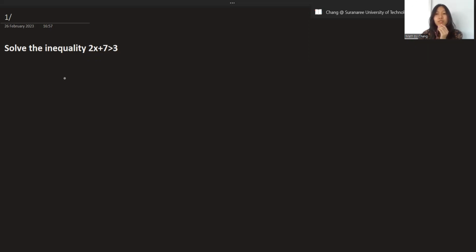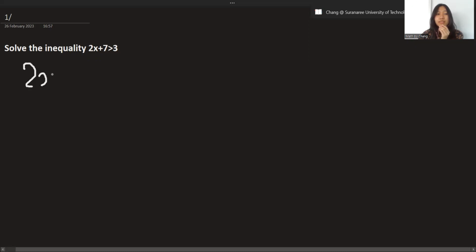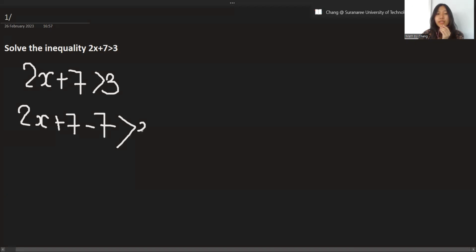Solve the inequality 2x plus 7 greater than 3. So, we want to solve the value of x. So, firstly, I will subtract 7 from both sides so that the value of x will remain. So, minus 7.